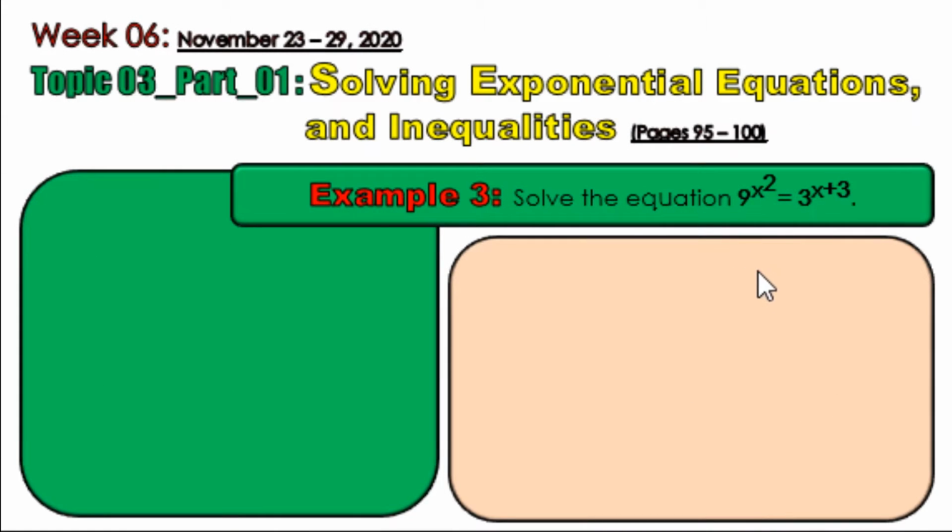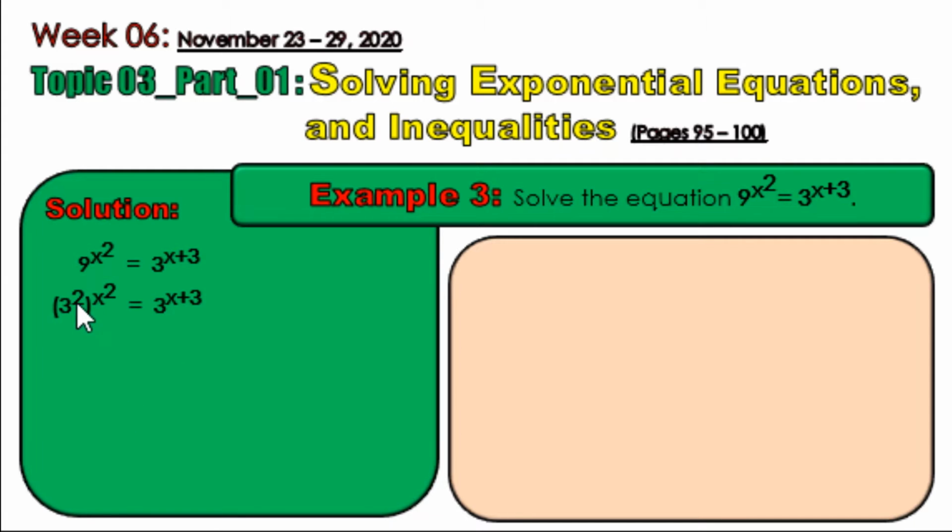Next we have example number 3. Solve the equation 9 raised to x squared is equal to 3 raised to x plus 3. Okay, so again, our target is to make our bases the same. So we have 9 and 3. Okay, so we can express 9 as 3 squared.